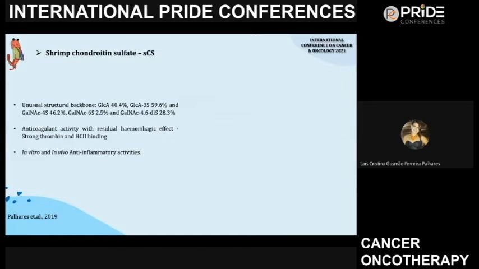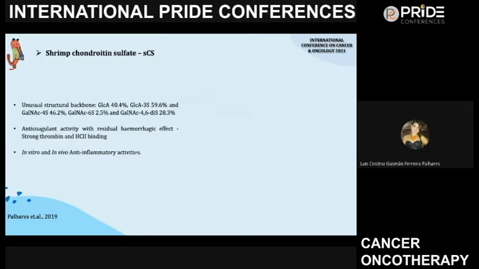After we did the extraction and the purification of this chondroitin sulfate, we managed to do the structural characterization using magnetic resonance. And we found a very interesting, unique structure for this compound, where it presents 3-O sulfation in the glucuronic acid of almost 60%. And why is this important? Because for chondroitin sulfate, this is quite rare.